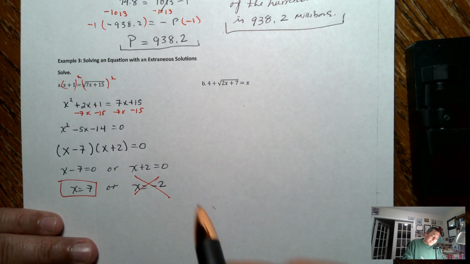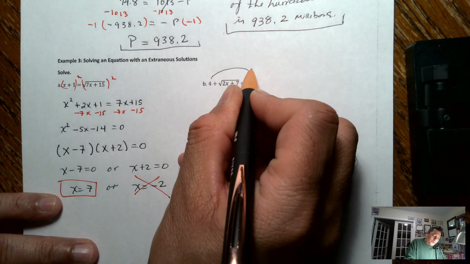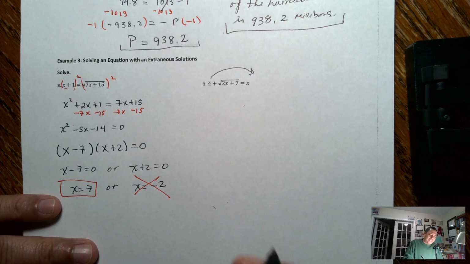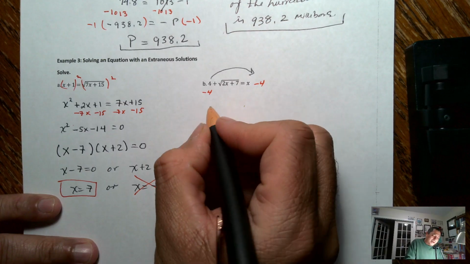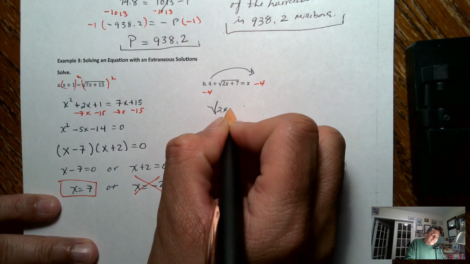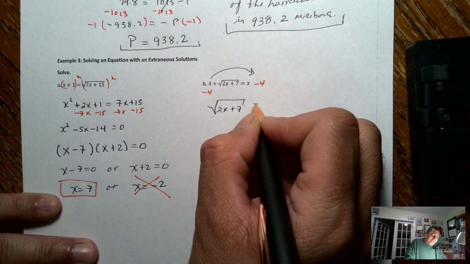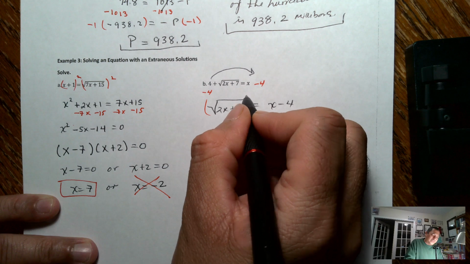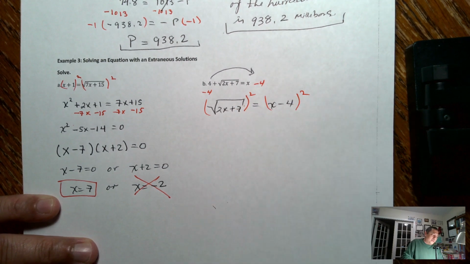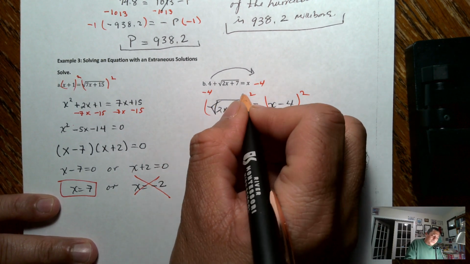Let's do b. So I'm going to move this 4 to the right side. So negative 4, minus 4. So I have the square root of 2x plus 7 equals x minus 4. Now we're going to elevate to the second power. Okay. So this 2 goes away.